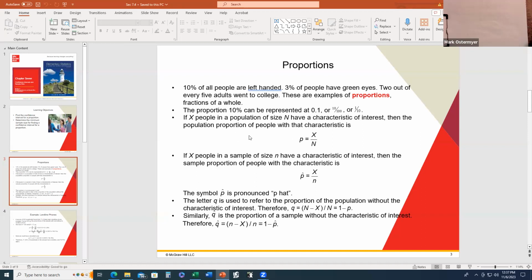If X people in a population of size N have a characteristic of interest, then the population proportion of people with that characteristic is lowercase p, that represents the population proportion, is going to be equal to X, the number of people that have the characteristic of interest, whatever that might be, divided by the population size. So that's how you find the population proportion.